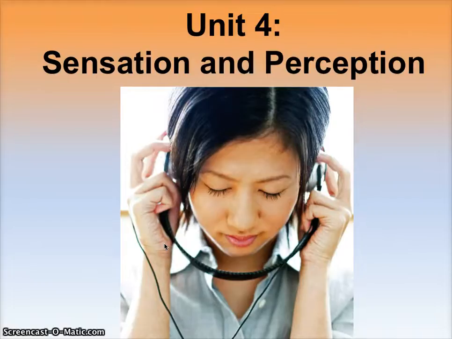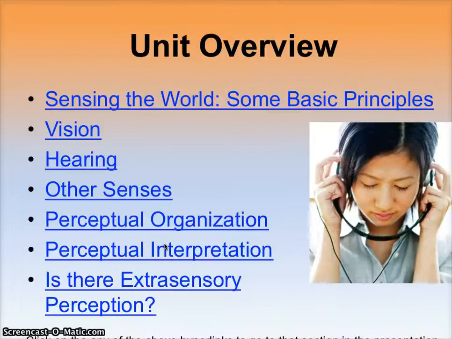This is one of my absolute favorite units because there are so many great, fun, interesting activities to do as we study how our senses take in information and how our brains then interpret and perceive them. We're going to start off with some basic principles of sensing the world. And then we sort of get into the senses themselves, some of the parts of the eye and the ear and things like that.